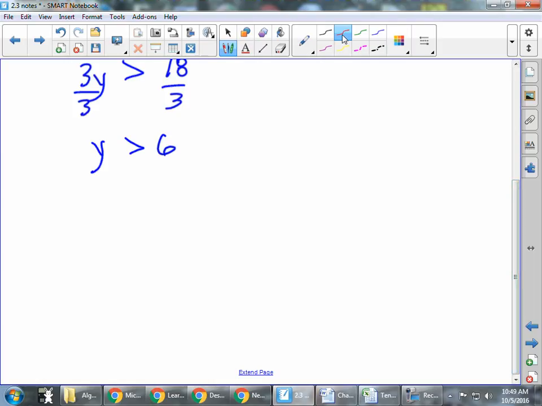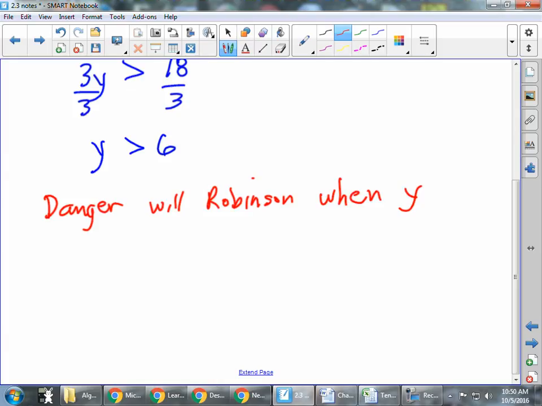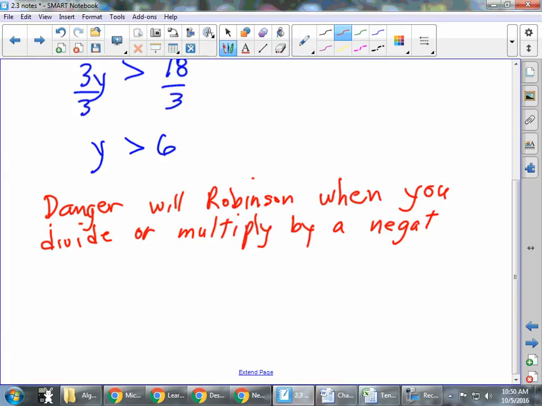Where you have ones like, I'm going to say, Danger Will Robinson, when you divide or multiply by a negative. Okay? So this is where they get weird.